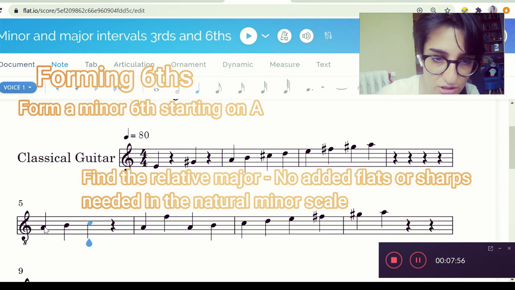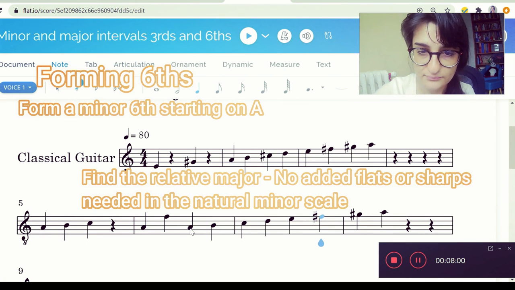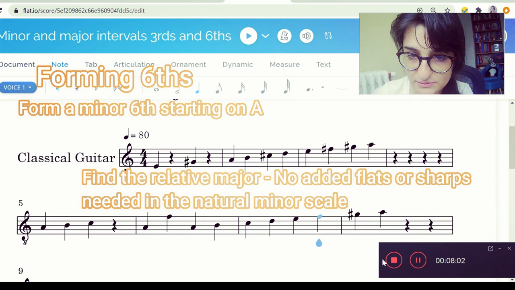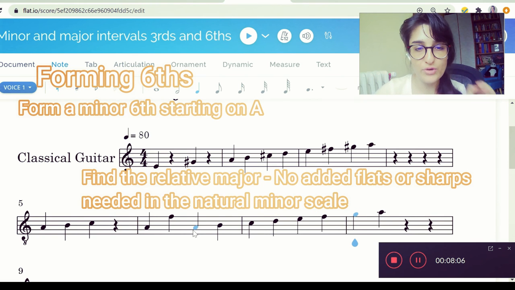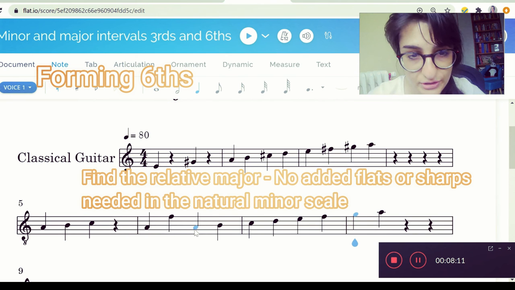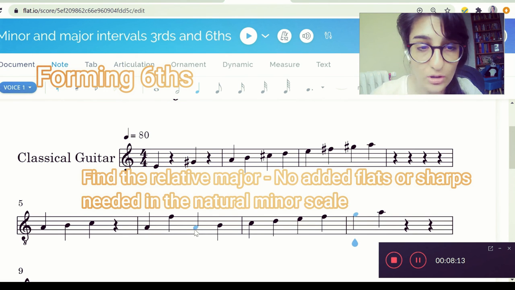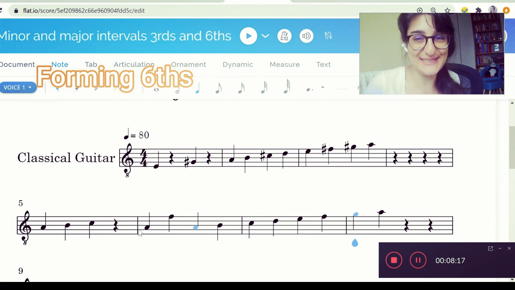We simply find it and we apply the same accidentals, or no accidentals like in this case. So your natural minor scale, we don't need that and we don't need that, because we applied the same accidentals of C major, except we started forming the minor scale on the A. So, let's rewind.